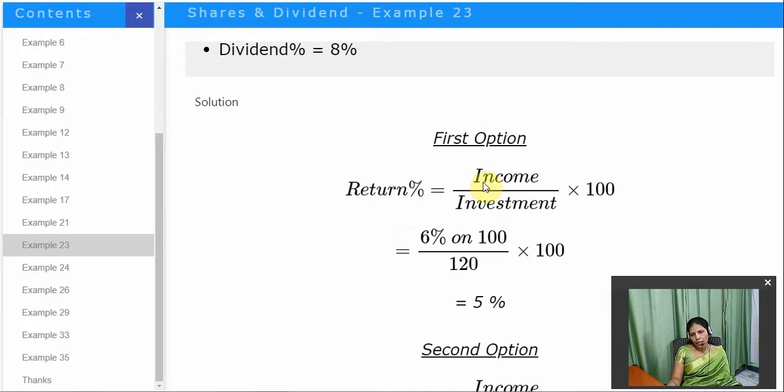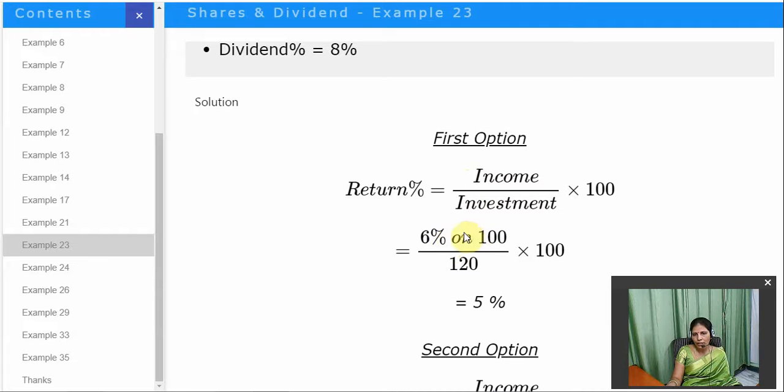Now while you are substituting in the formula, if this is the total income, here you need to substitute the total investment. But if you substitute the income per share, here you substitute the investment per share, right? Now here we are substituting only per share.